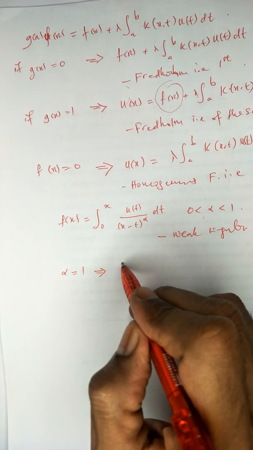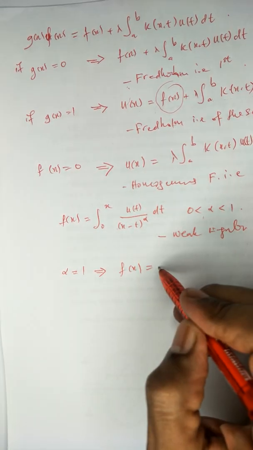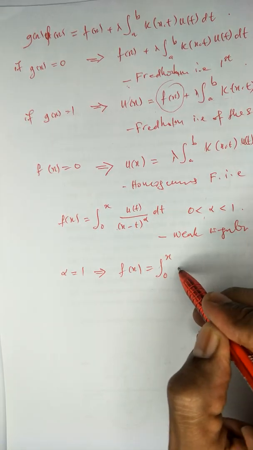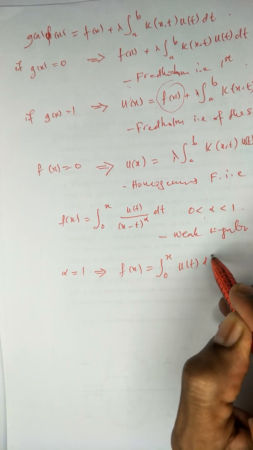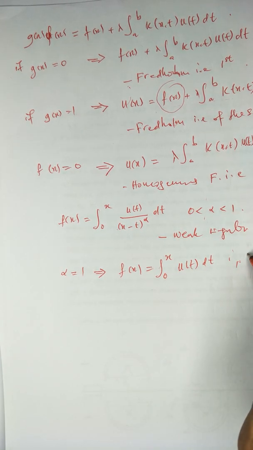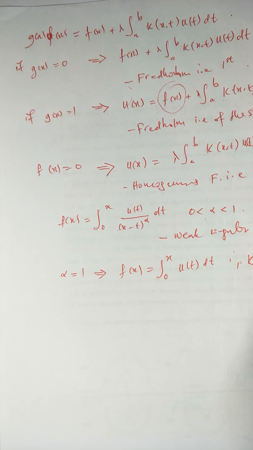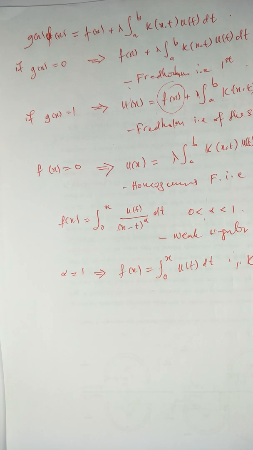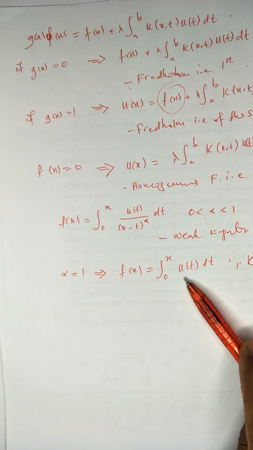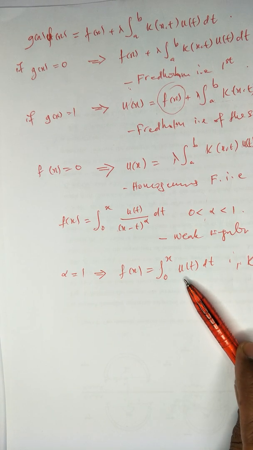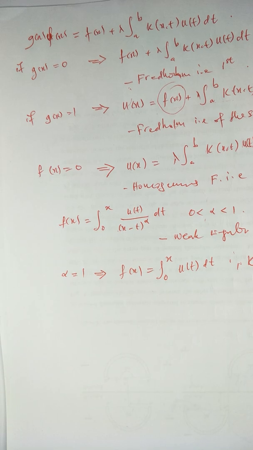Now if alpha equals 0, our equation reduces to the integral from 0 to x of u(t) dt. So in this case our kernel of the integral is just 1. So this becomes a linear Volterra integral equation with a kernel equal to 1.